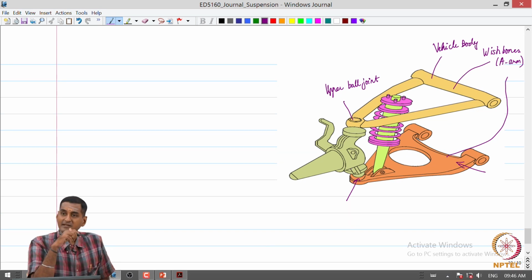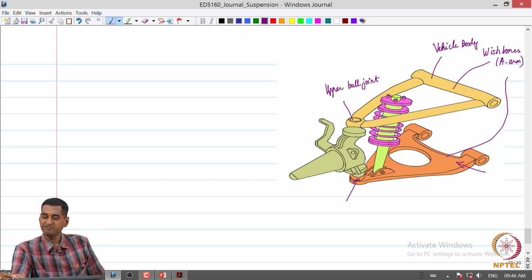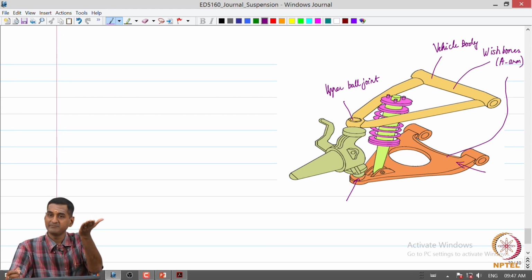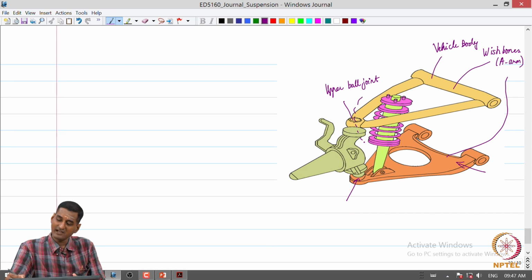More importantly, we will see that if we make the arm of the upper wishbone smaller than the lower wishbone, the moment the wheel hits a bump, these two points will traverse on arcs of different radii.